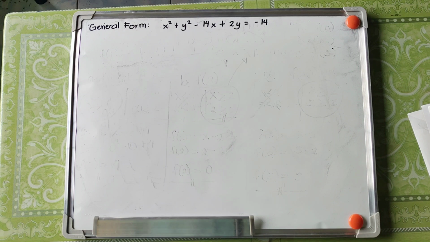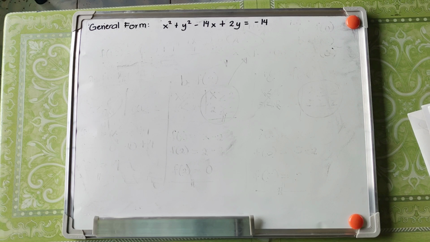What about this example of general form? x squared plus y squared minus 14x plus 2y is equal to negative 14. In this example, we cannot directly identify the radius as well as the center because it is in general form.